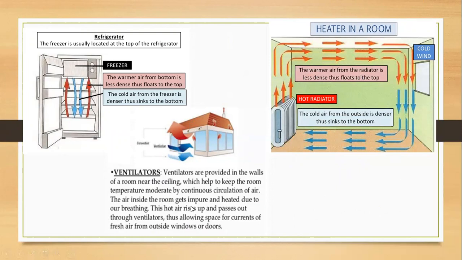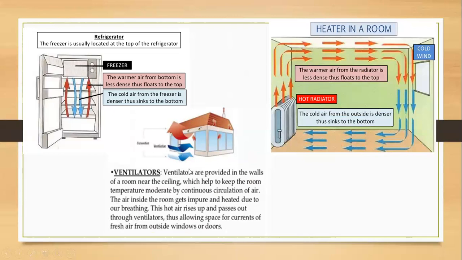The air inside the room gets impure and heated due to our breathing. This hot air rises up. You can see this red arrow. This hot air rises up and passes out through the ventilators, thus allowing space for the current of fresh air that is more dense.